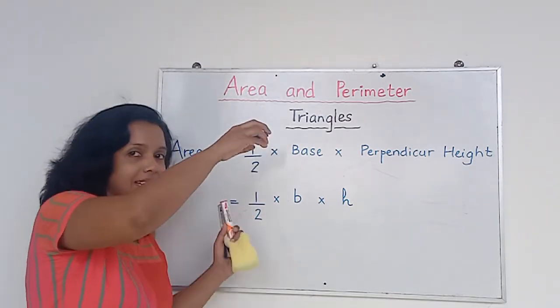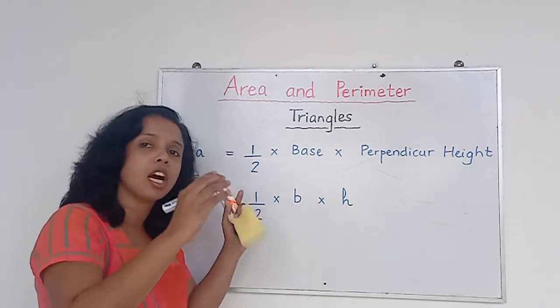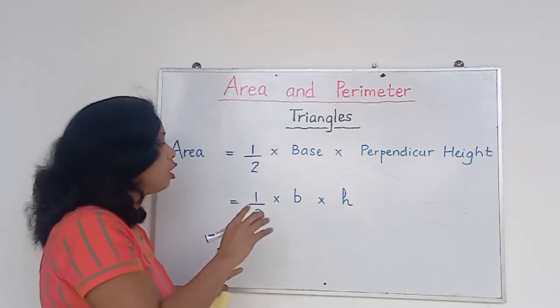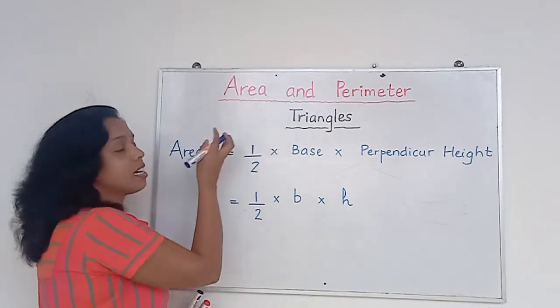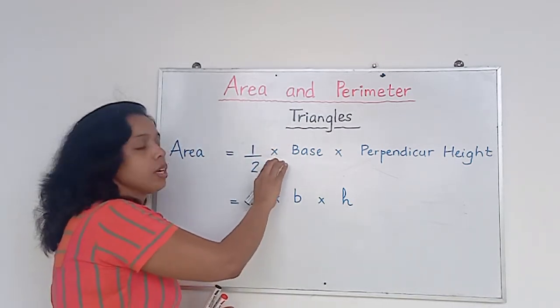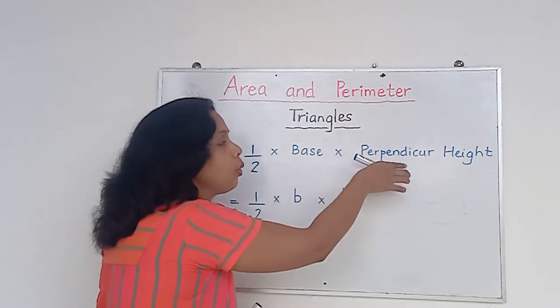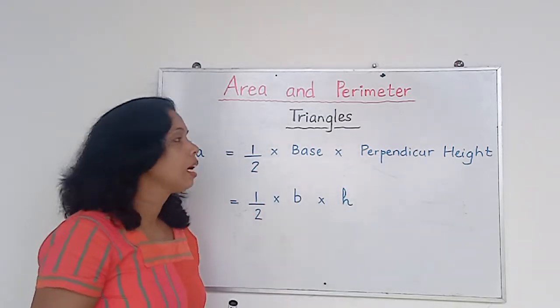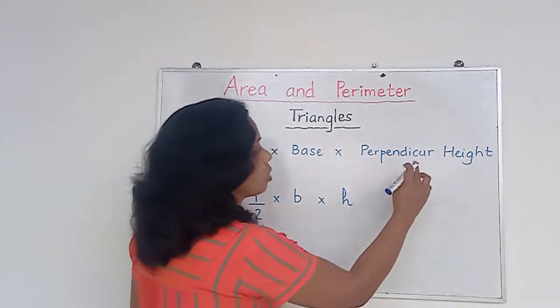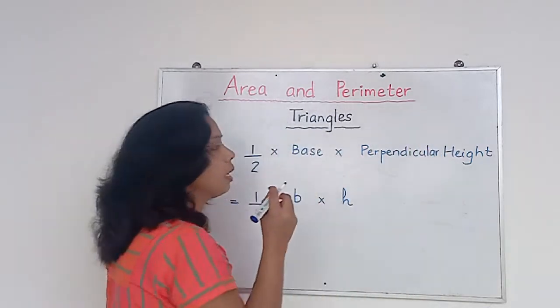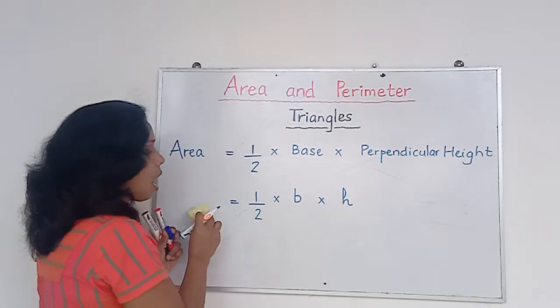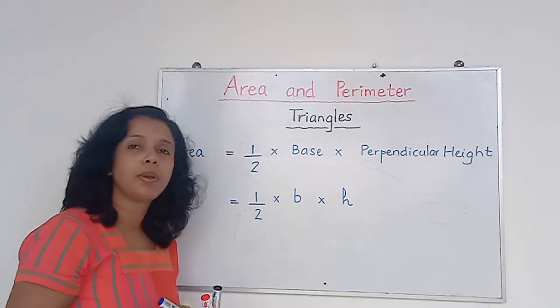Because we had that triangle exactly half of the rectangle. So the formula to find the area of a triangle is half into base into perpendicular height, right? Now I am going to explain you.